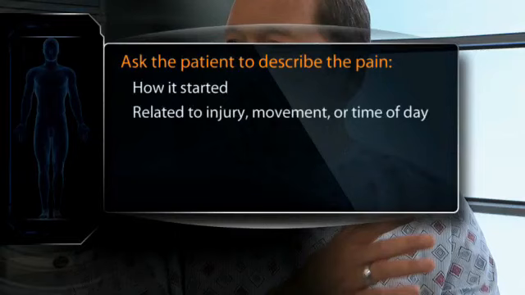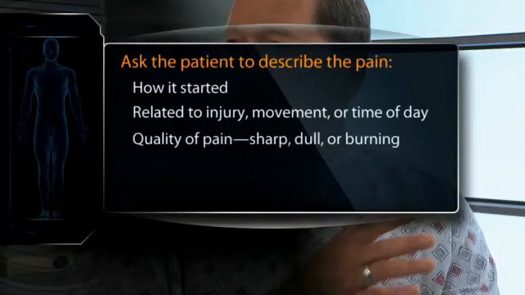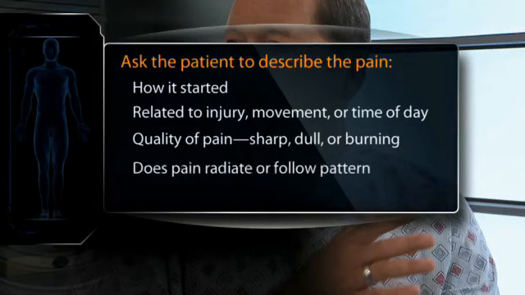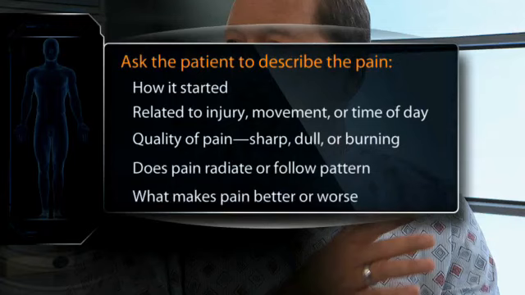Identify the 7 features of the patient's pain. Also ask about the quality of the pain: sharp, dull, or burning. Ask if the pain radiates or follows a particular pattern. Ask what makes the pain better or worse.